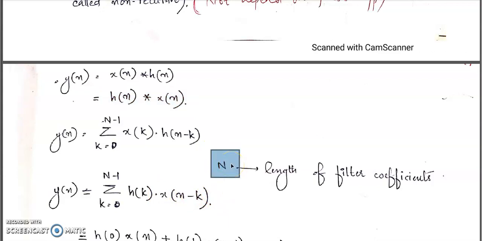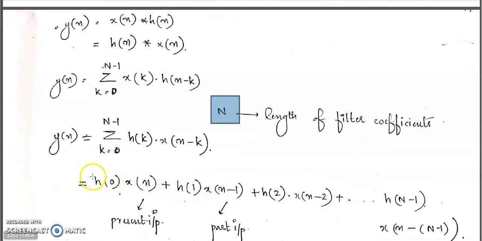It represents the number of filter coefficients. Then substitute the values, you will get the first term h of 0 into x of n. x of n is the present input because we consider the output at the nth time instant, small n.